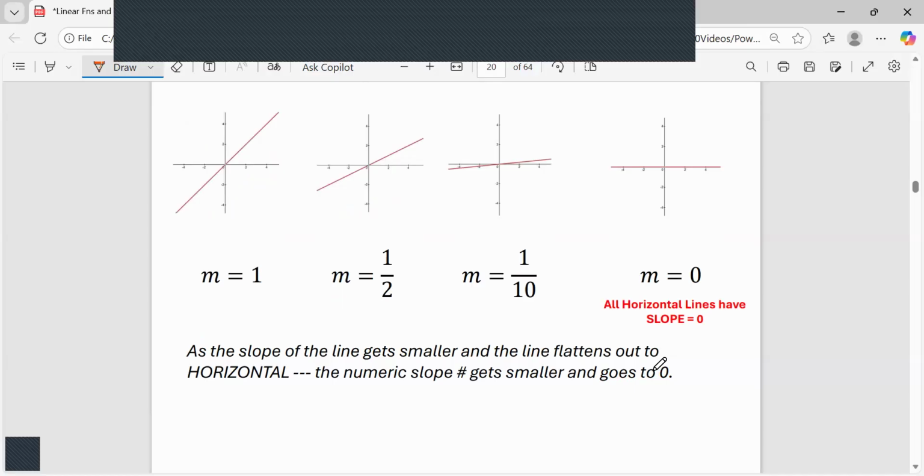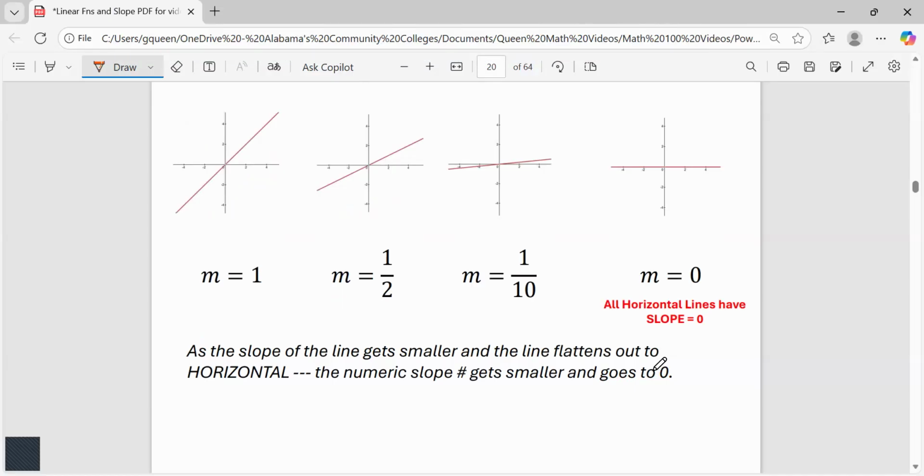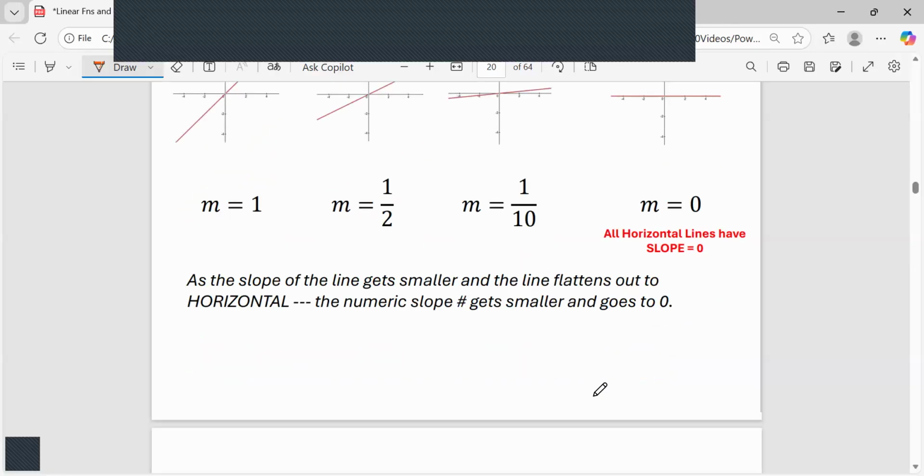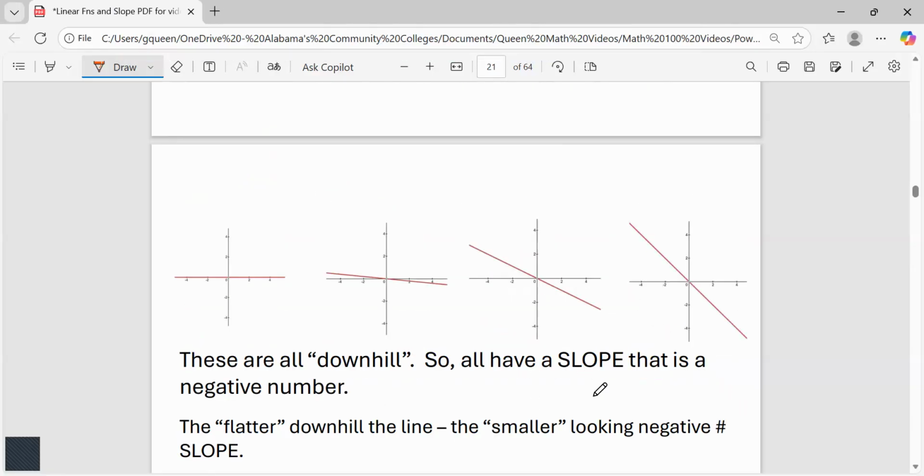So as the lines get more and more flattened out, as we go from a steep line to a flat horizontal line, the numeric value of the slope gets smaller and smaller and goes towards 0. Okay, we can also do this with negative slopes. Remember, if you're going downhill, the slopes are negative numbers.